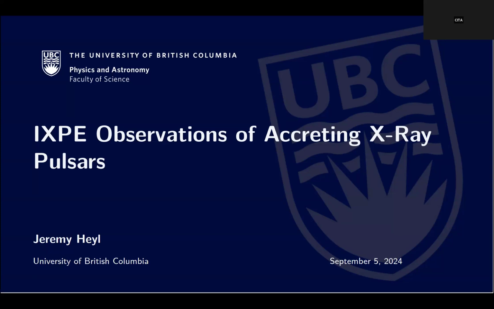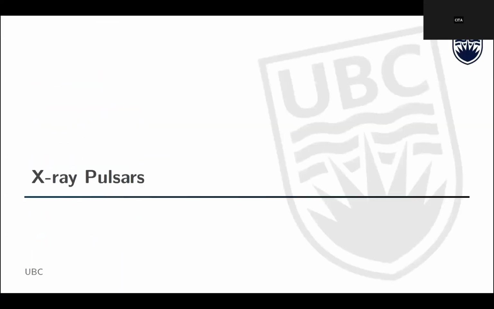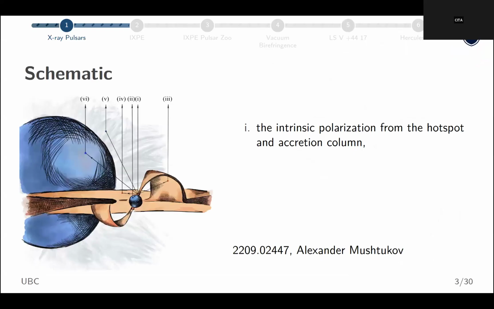So, X-ray pulsars, but what is XP? What is XP in particular? Well, first I'll go into what X-ray pulsars are. I wasn't that into X-ray pulsars until a few years before XP was launched.